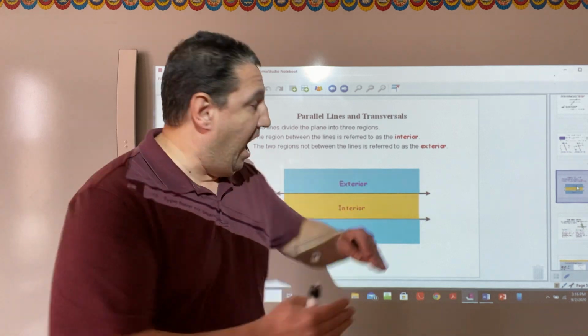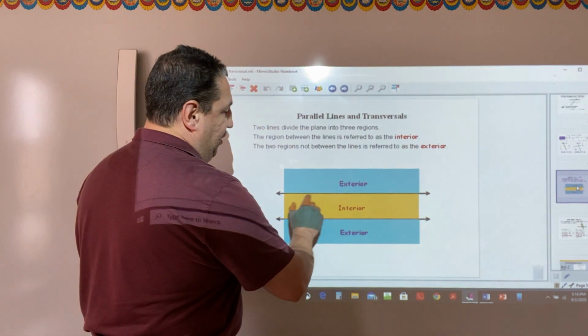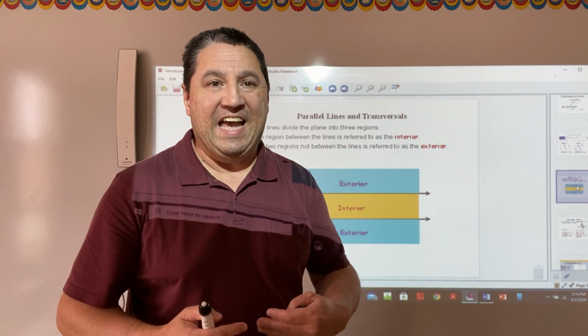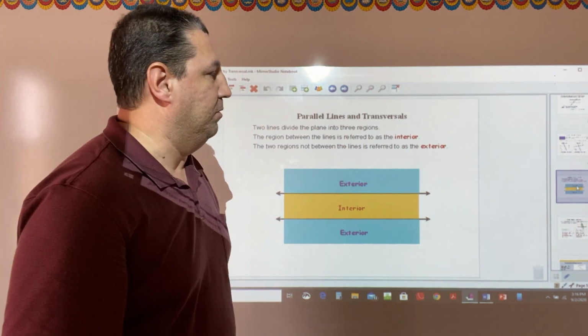Because they are outside the lines. And the region between the parallel lines is called the interior, because it's between the parallel lines. Good.